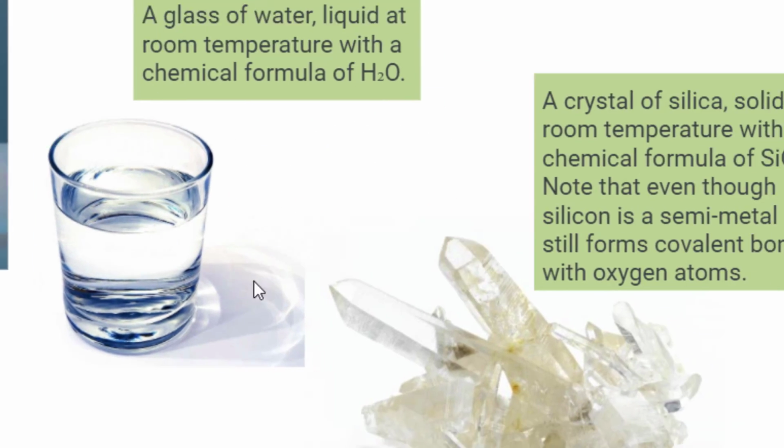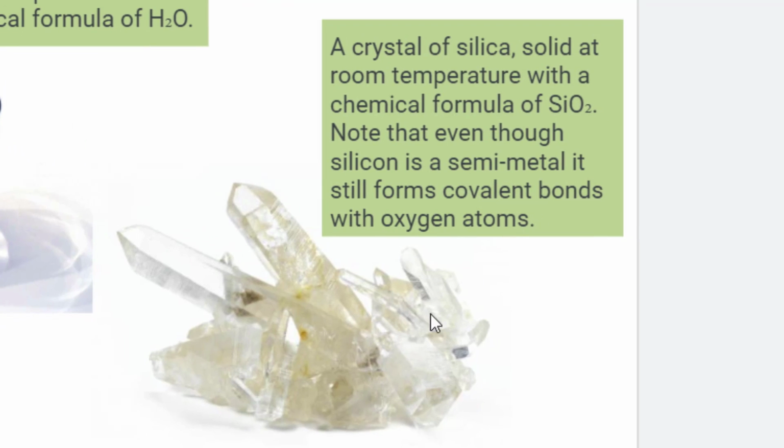It's a liquid at room temperature. And finally, a crystal of silica, which is a solid at room temperature. This is a molecular compound, even though silicon is not a nonmetal, it's a semimetal. But semimetals have properties of nonmetals as well as properties of metals, and so it forms covalent bonds with oxygen.